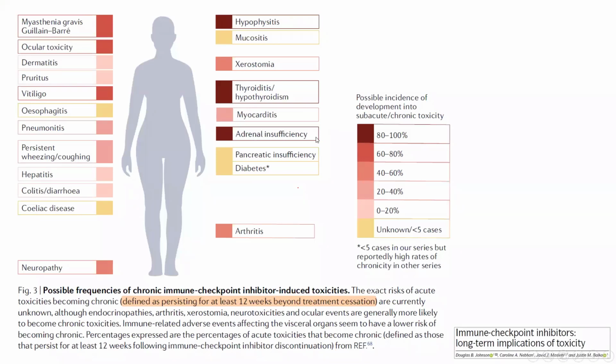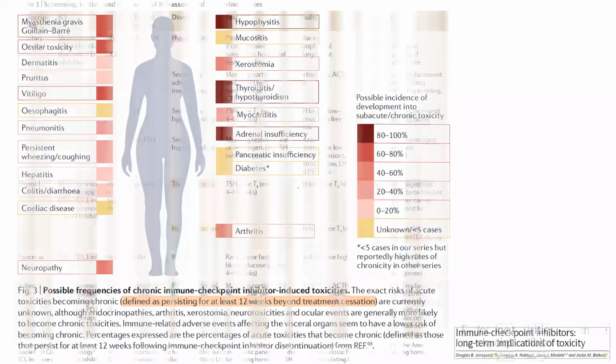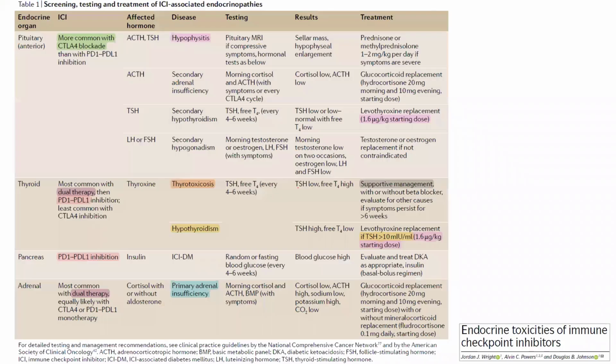So the Society of Endocrinology published important guidelines because there are very important side effects for this. The drugs affect the endocrine glands. And actually, this is from an important paper about endocrine toxicity of immune checkpoint inhibitors, and they mention how to screen, how to test, and how to treat immune checkpoint inhibitor associated endocrinopathy.